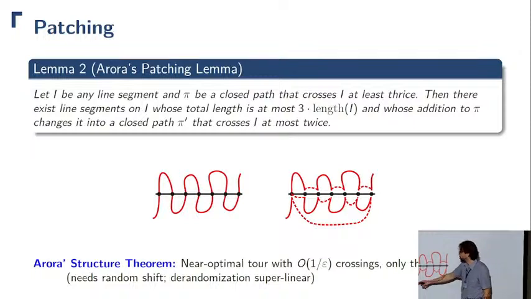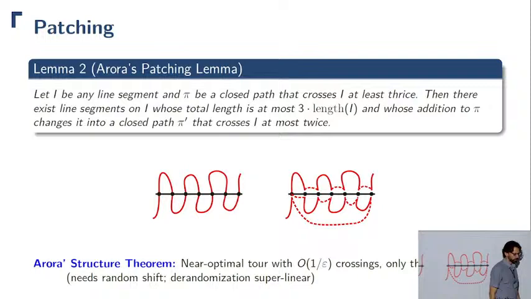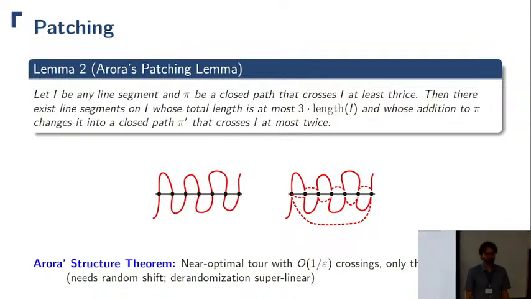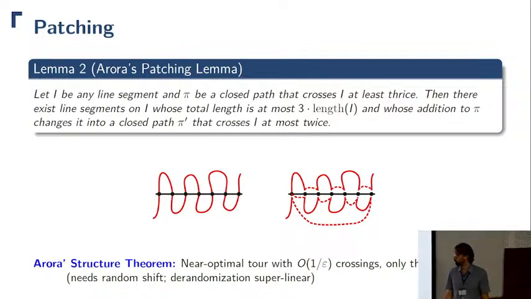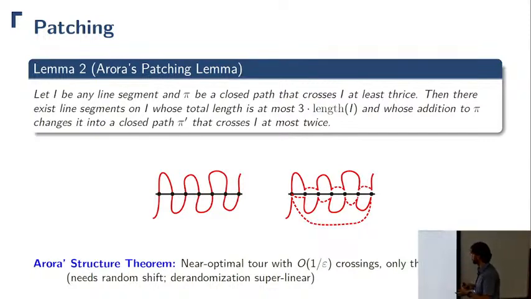Here we have introduced those dotted lines, and together with the dotted lines we can now run a tour like this here, and then we have only one crossing here instead of many crossings here. So this plays a key role in the next result that I'm talking about. But this is sort of a key idea. It is necessary for Arora's result for d dimensions. For 2 dimensions, it actually makes things more efficient.